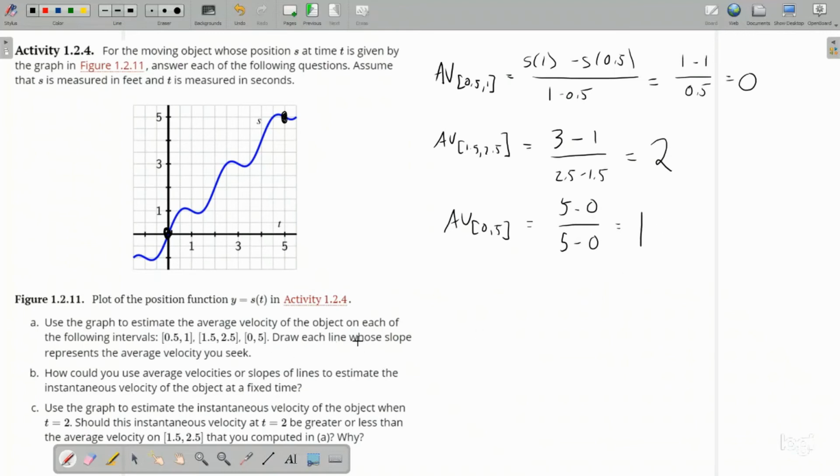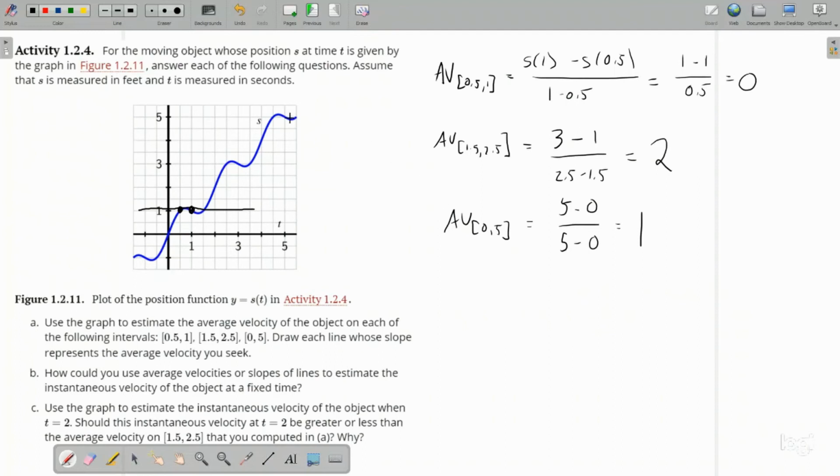Draw each line whose slope represents the average velocity that you seek. So the average velocity that we seek and the line that connects them, I should have done this all at once, but too late now. Let's stick with black. We had these 2 points, and the line for those 2 points is just that one.